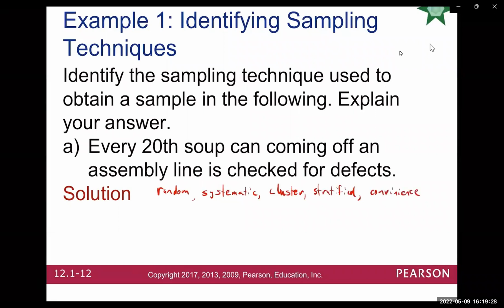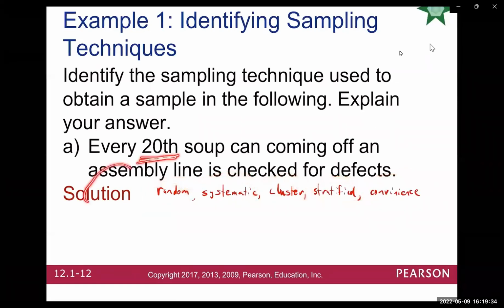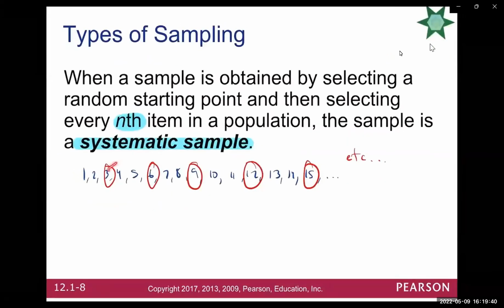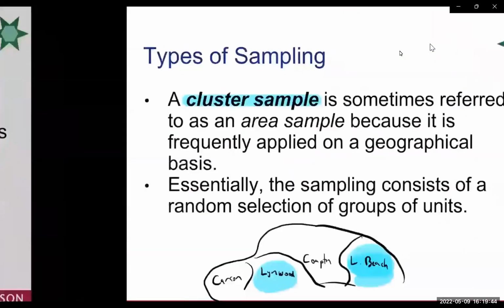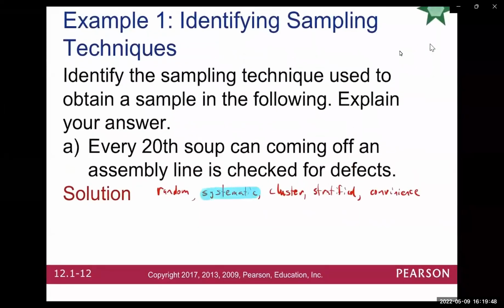So these are the different options: random, systematic, cluster, stratified, or convenience. In this case, since you're getting the 20th soup can each time, that's a systematic process. It's like over here, where I did every third, so this would be every 20th. So yes, that is exactly right. This would be systematic. I'll just highlight it: systematic.